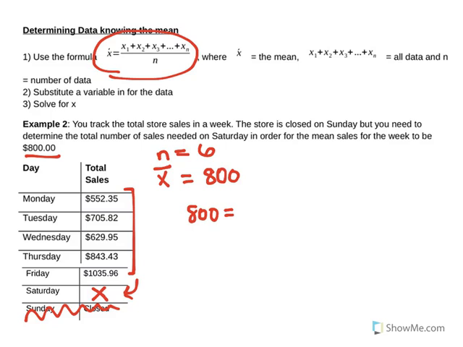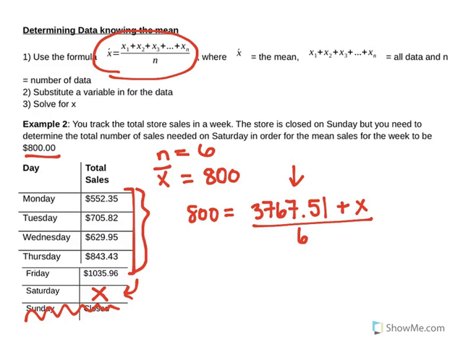So I want you to pause the video and add together these 5 numbers. What you should get when you add together those 5 numbers is 3767.51. Then we're going to add an X for Saturday, and then we're going to divide by the total, and our total days is 6. So again, to get this number, you're adding up these numbers over here.